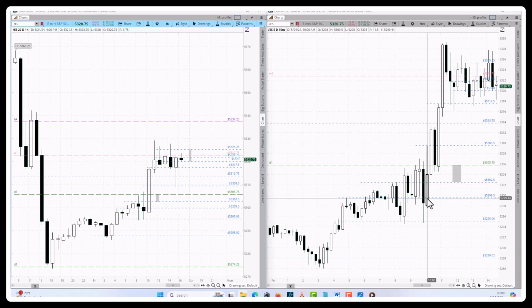We put a sell stop right here at 99.50, at that level, which is right here, at 9.15.